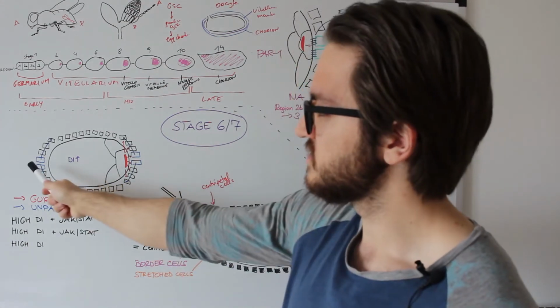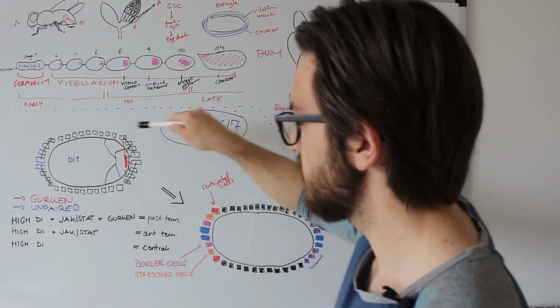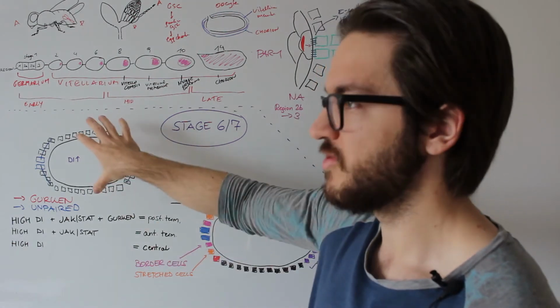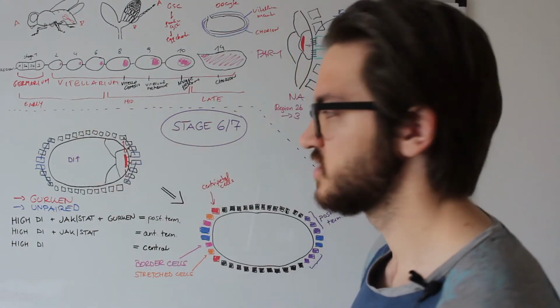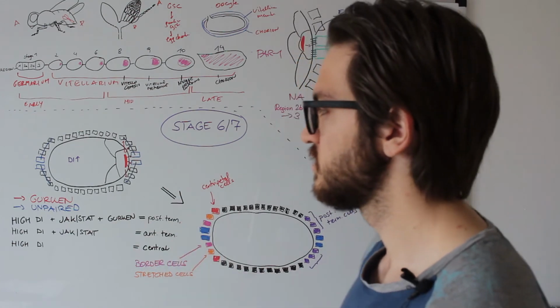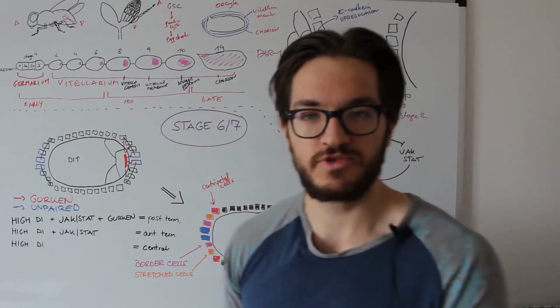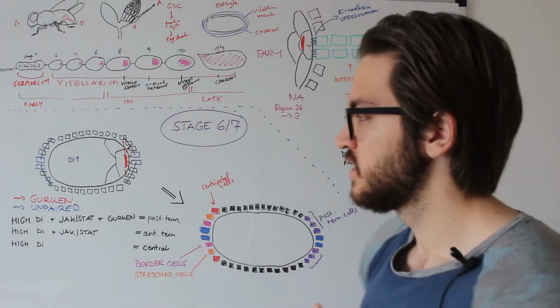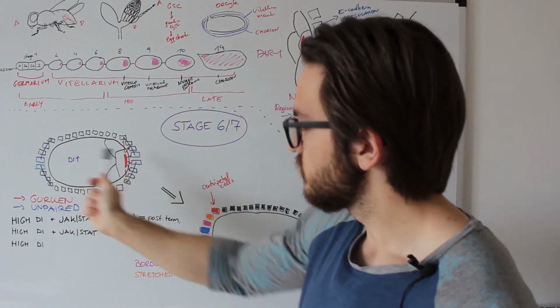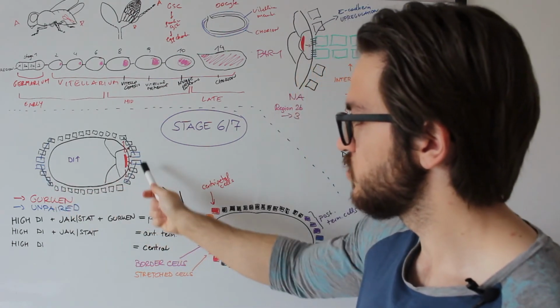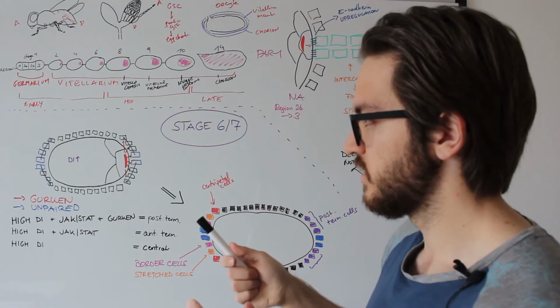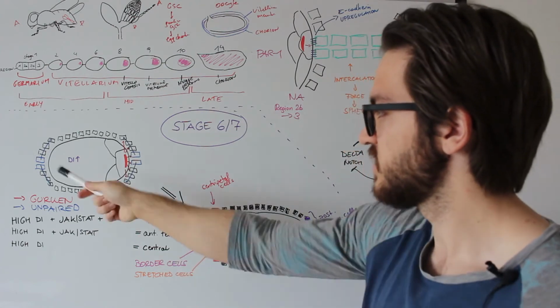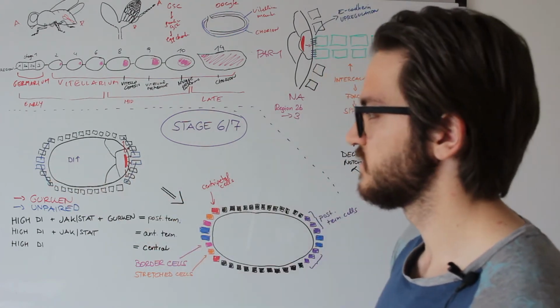Now they behave just like the anterior polar cells and secrete Unpaired in every direction. However, the epithelial follicle cells cannot respond to it because they are still at medium Delta-Notch signaling, and that inhibits each other. Also, these cells are only 2 anymore, so the polar cells diminish from 3 to 5 on each side now to 2 on each side.